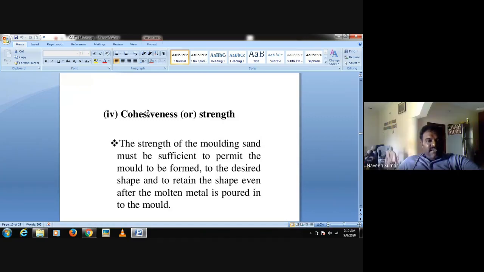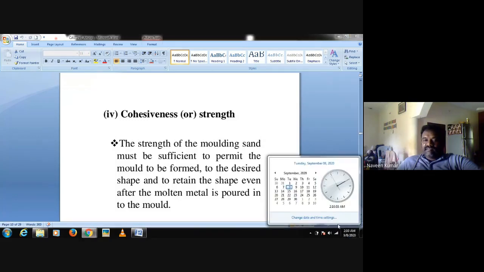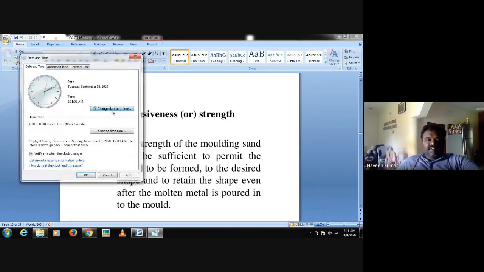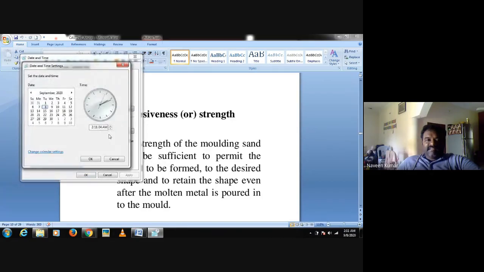Next, it depends on density, clay content, and grain size.